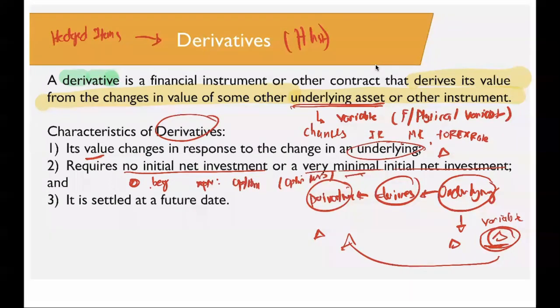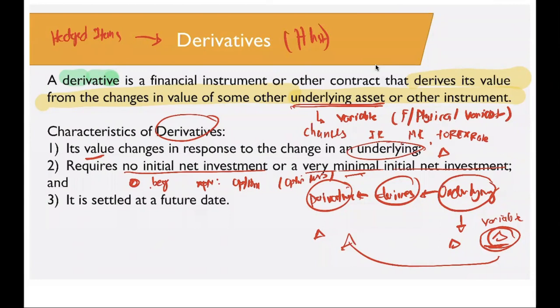Okay, so derivatives generally at the beginning, the value is zero. However, the exception there is your option, because your option can have a value based on your option money, and that is your minimal net investment. And lastly, it is settled at a future date.